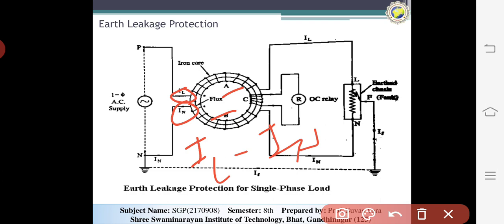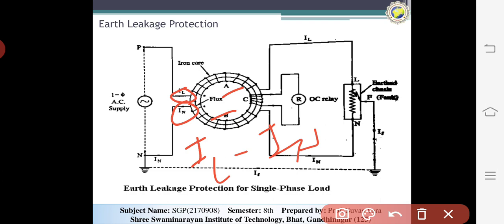Hence the two fluxes produced by the currents IL and IN cancel each other, and the net MMF acting on the core is 0. Hence there is no flux linking the sensing coil and the relay is inoperative.